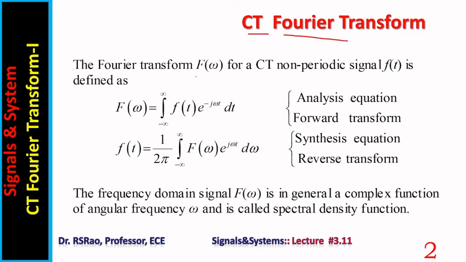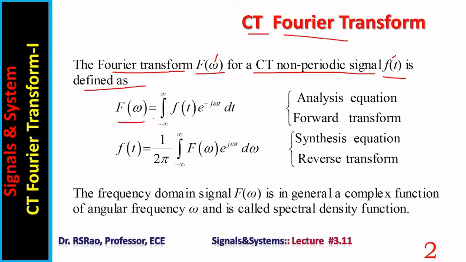Here the definition of Fourier transform is given. The Fourier transform F of omega. Omega stands for angular frequency. For a CT non-periodic signal, f of t is defined as. So F of omega is Fourier transform, f of t is signal. f of t is signal in time domain, F of omega is signal in frequency domain.